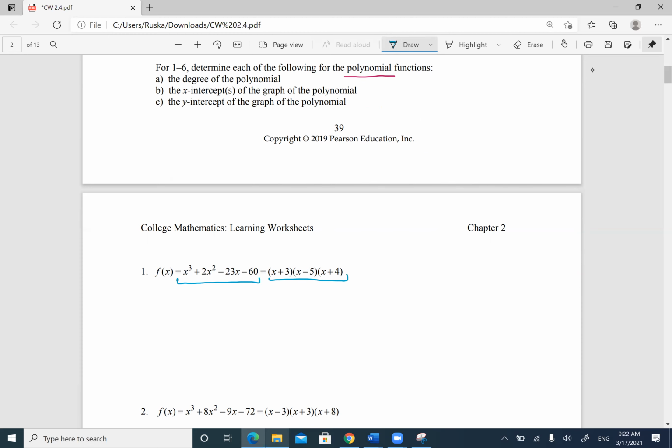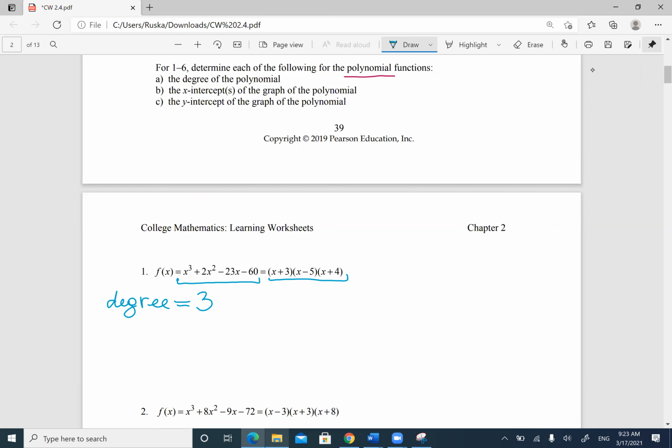Now looking at your first form, the expanded one with x cubed plus 2x squared minus 23x minus 60, looking at this equation, can you tell me what is the degree of the polynomial? What is the highest exponent? 3. The degree is 3, that's right, because it's the highest exponent.